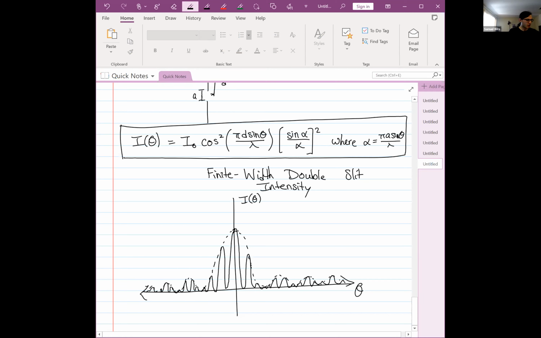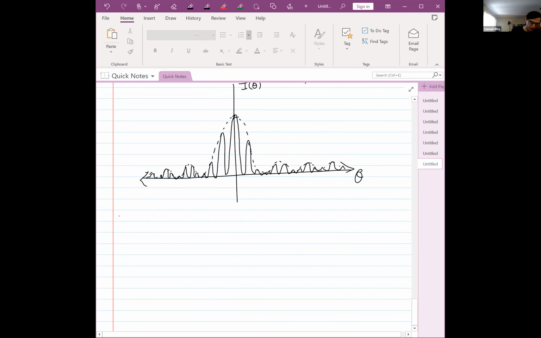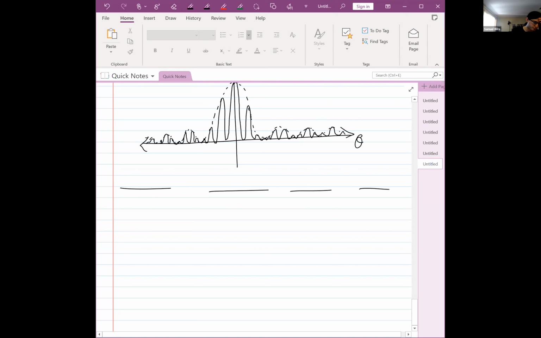Now, there's one more thing to talk about regarding the single slit interference experiment, and that's Babinet's principle. I think it's Babinet's principle. He's probably French. Who knows?